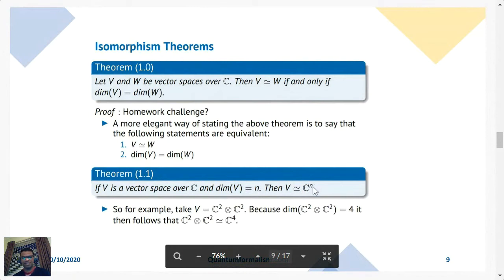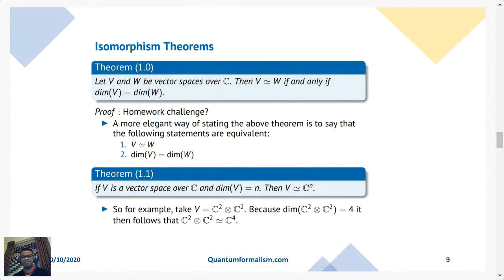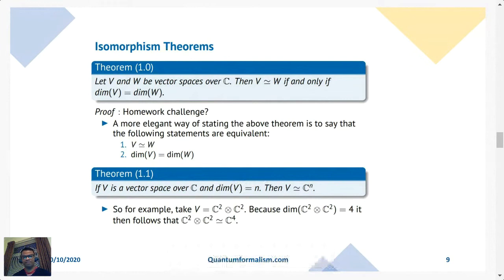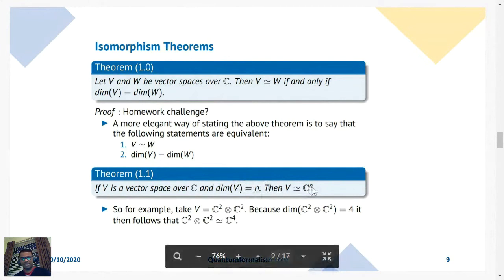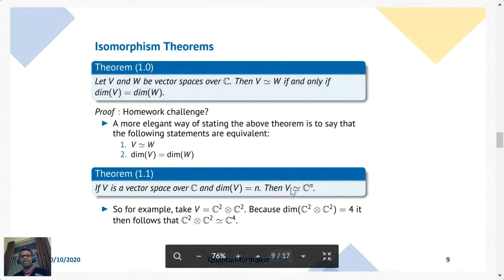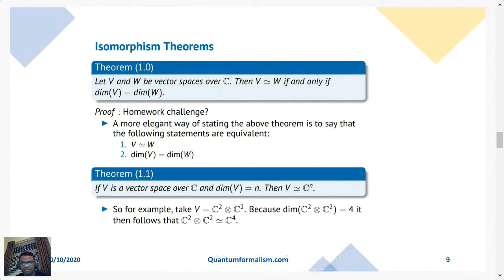Sometimes you can build very abstract spaces, but they are very hard to work with. Cn, we can have in matrix form, for instance, so it's easier to work with. So instead of working with an abstract vector space, if you know that vector space is isomorphic to Cn, we can immediately start working with Cn instead, because it's much easier to handle, right?